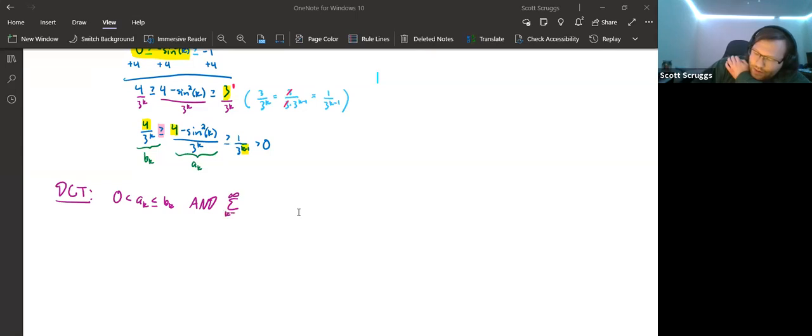For me to use direct comparison test, I need 2 conditions. If you showed me that a_k is less than or equal to b_k and the series you compared with converges, then what direct comparison test tells you is that the original series will converge.